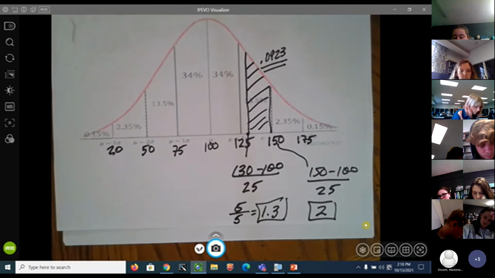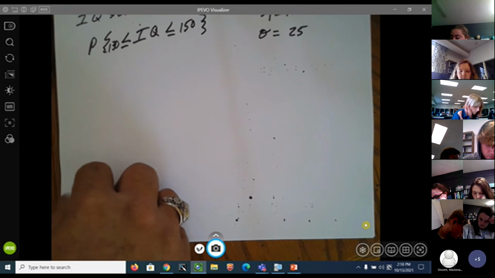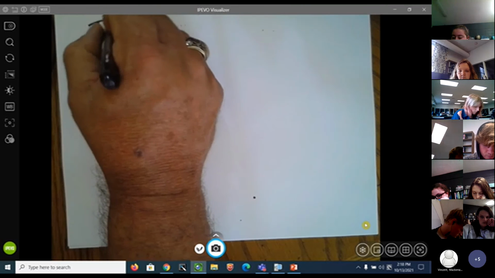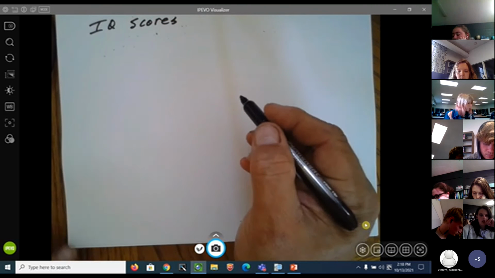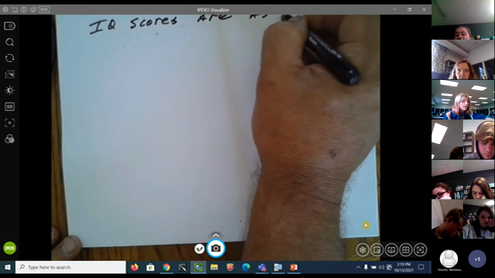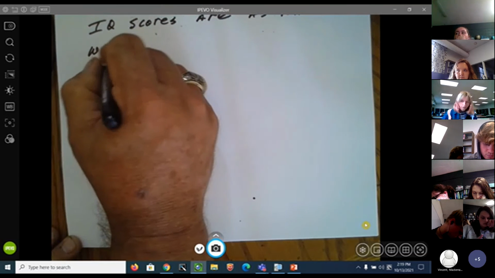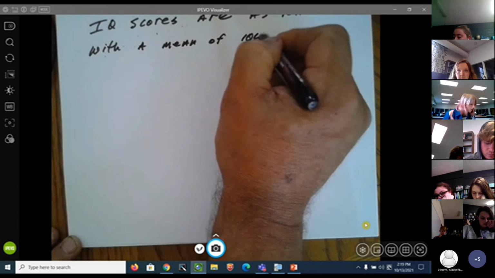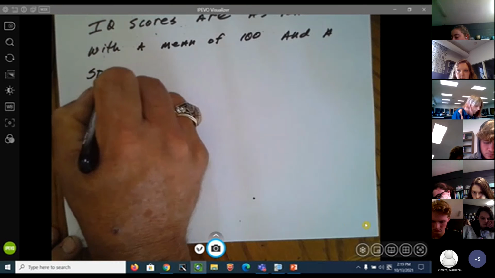Now, here's another question you might have. IQ scores. I'm using IQ scores because the book uses a lot of IQ scores. IQ scores are as follows, with a mean of 100 and a standard deviation equal to 10.